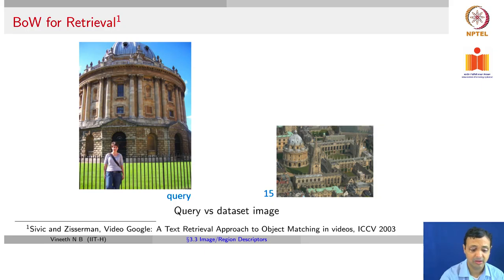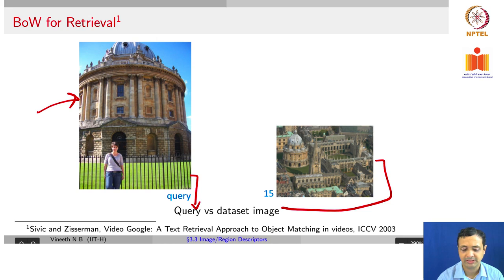Here is an example of an image, and let's assume that this is the query image, and here is an image from a data set. So you could imagine that the dataset images are your entire repository of images that you have. And the query image is like Google image search, where you put up this image and you're asking a search engine to retrieve all images similar to this image, right?